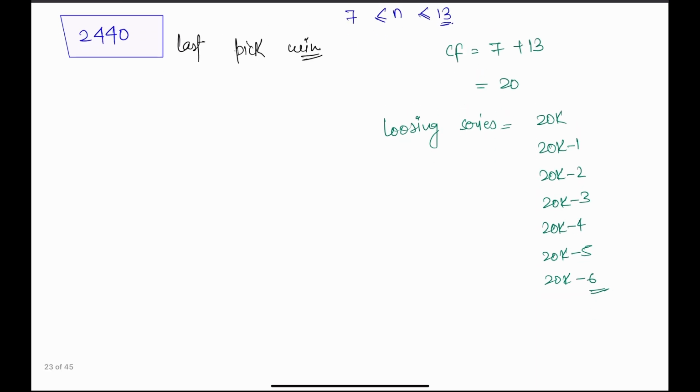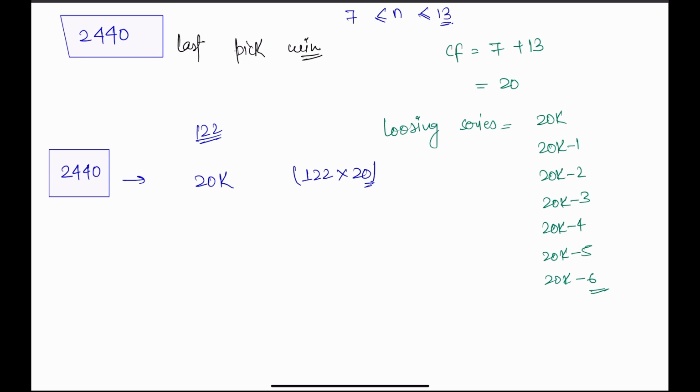Let's find the nearest possible value. 2440 is divisible by 20, so it will be 122 into 20. It's already a multiple of 20, so again it's already in the losing series.